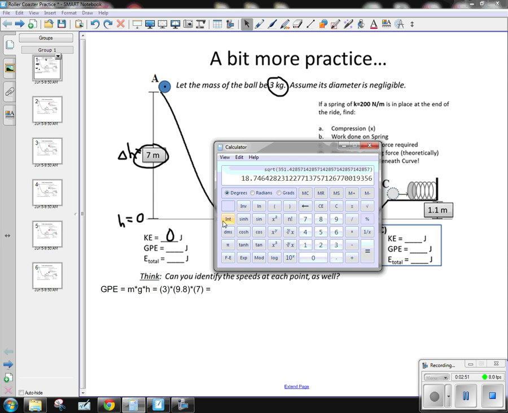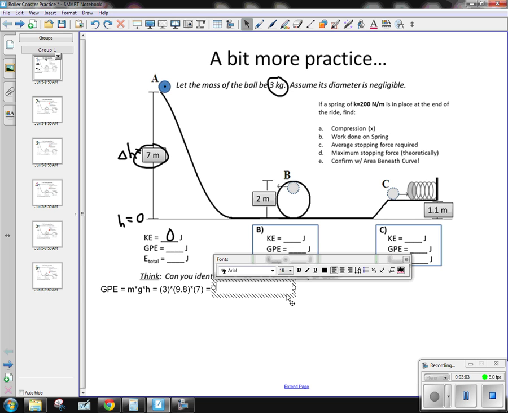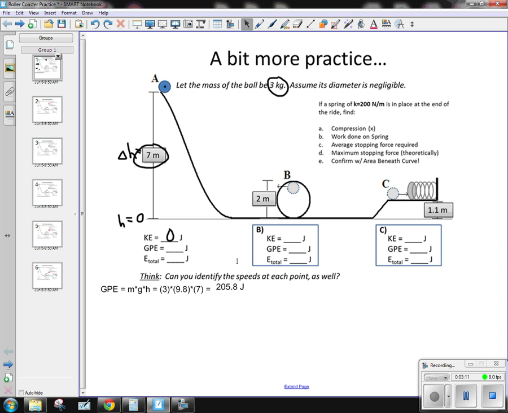Handy dandy calculator. 3 times 9.8 times 7. 205.8 joules. Remember, if I go too fast for you on this, it's a video. Go back. Slow it down. So 205.8 joules.